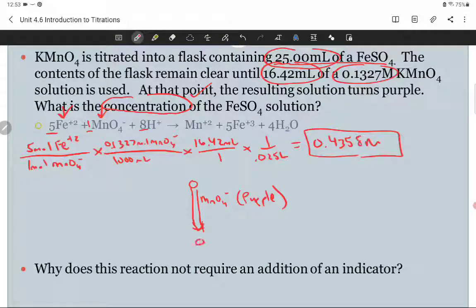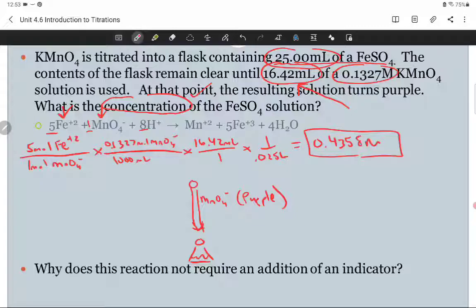So down here, that turns clear. You put another drop of purple in, and it turns clear, until someone put in 16.42 milliliters. When they put that last drop to get 16.42 milliliters, it did not get neutralized, and it stayed purple.